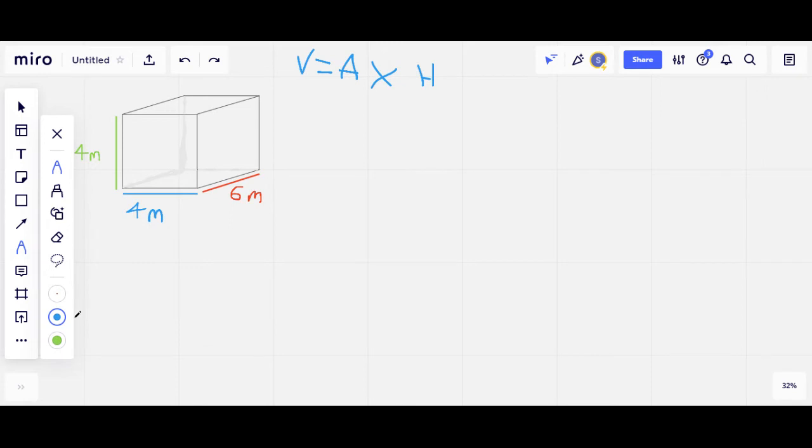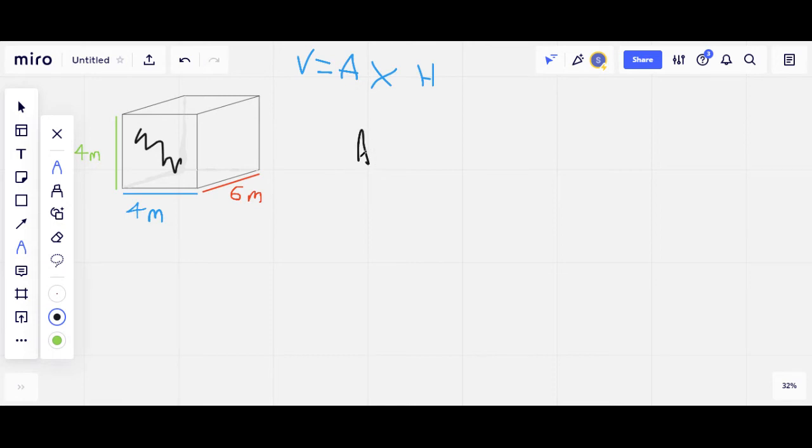So the first thing we need to find is our cross-sectional area. So we're looking at the shaded section here. We need to remember, we're looking at a square here. So our formula for finding the area of a quadrilateral, in this case a square, is length by width. And if we've got a square, our length and our width are the same thing.